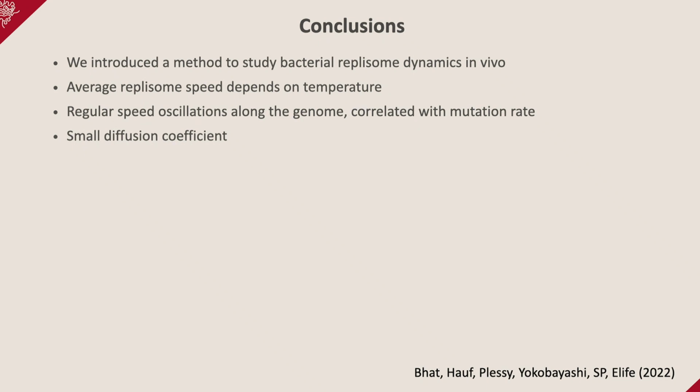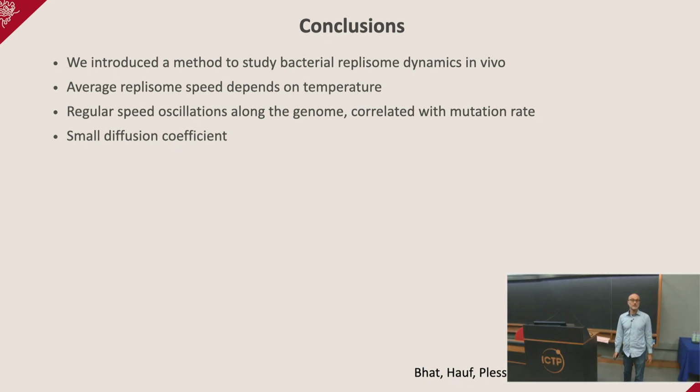Okay, so I reached my conclusion. We introduced this method to study the dynamics of bacterial replisomes in vivo using these simple ensemble experiments. Our method tells us that the average replisome speed depends on temperature in an Arrhenius way. And we found these surprising speed oscillations along the genome that are strongly correlated with the mutation rate.